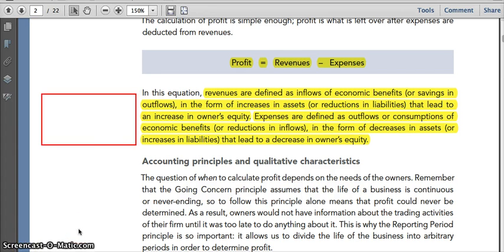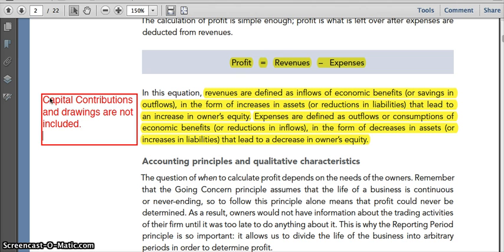Some critical things to remember here, boys, is that capital contributions and drawings are not included. So any capital contributions or drawings are not seen as revenues or expenses, therefore are not included in the income statement.